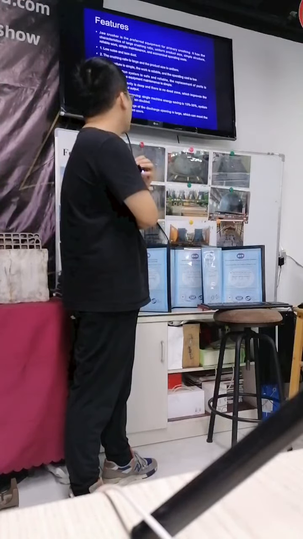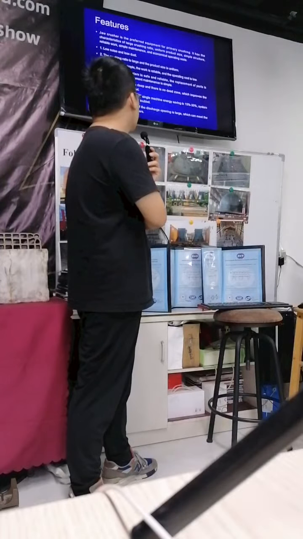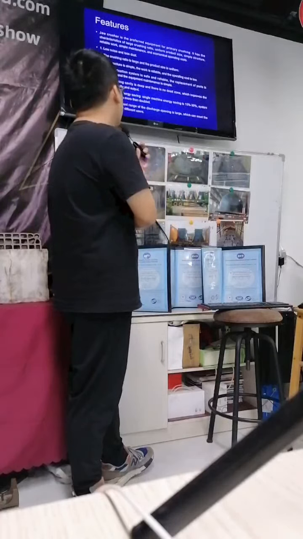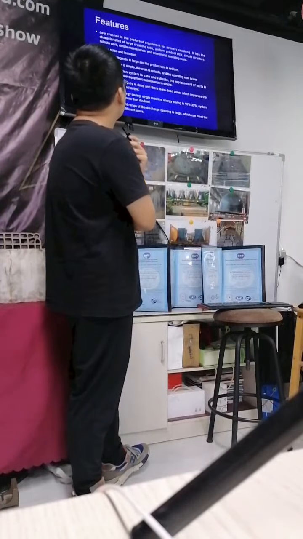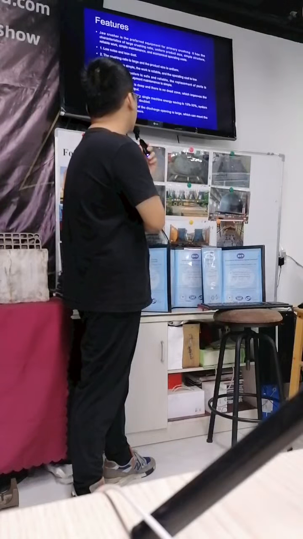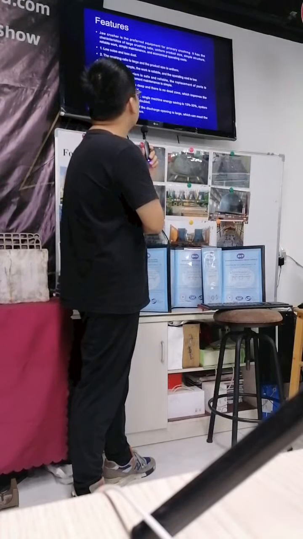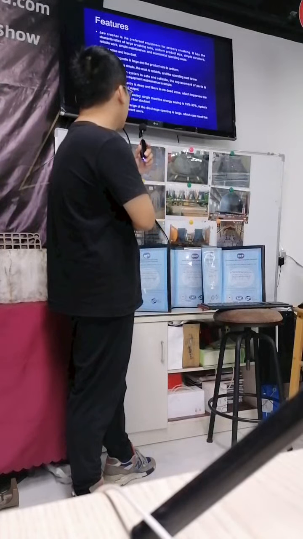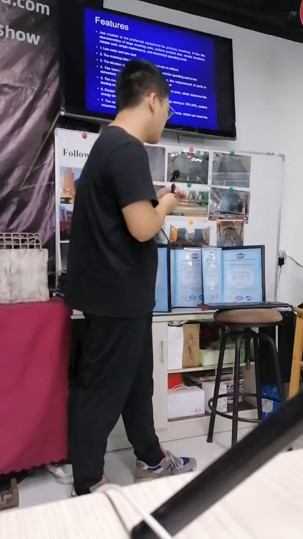The system energy saving is more than double. And the seventh advantage is the adjustment range of the discharge opening is large, which can meet the requirements of different users.